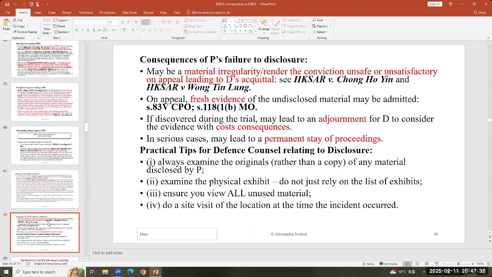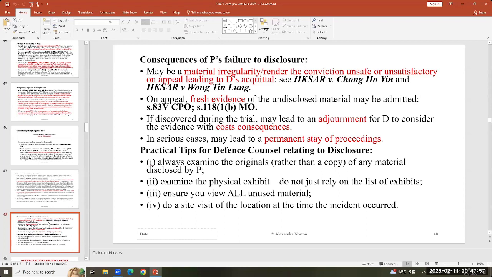But in very serious cases, and this is extremely rare, a failure to disclose may lead to a permanent stay of proceedings. That means that the case is basically brought to an end prematurely before the trial is concluded.